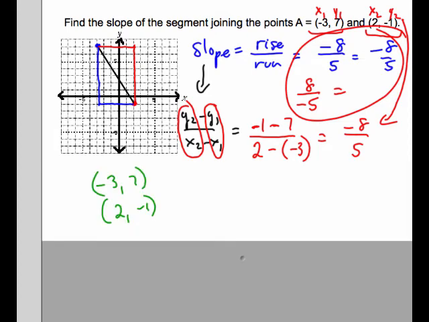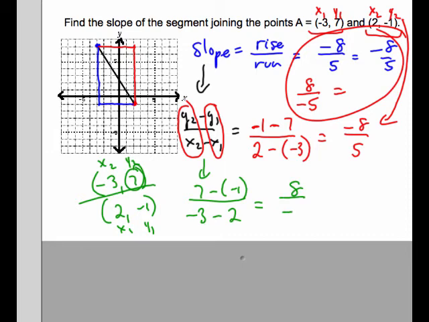Now I'm sure some of you are wondering, what if I had labeled my points the other way around? So I had labeled this point as x2, y2, and this point is x1, y1. Okay, so let me just show you that you get the same result. y2 minus y1, you would have had 7 take away the y value 1 over x2 take away x value 1.